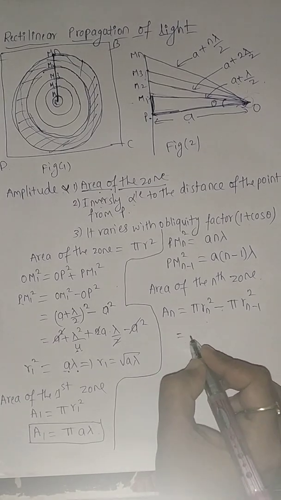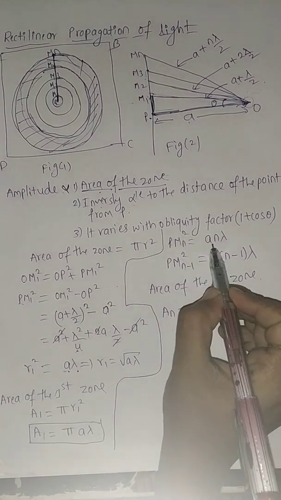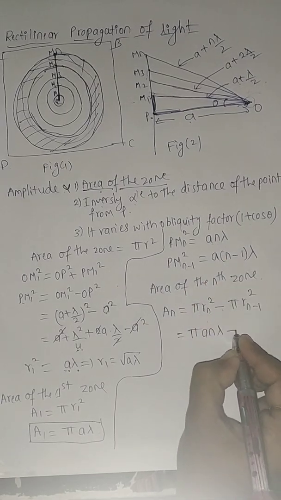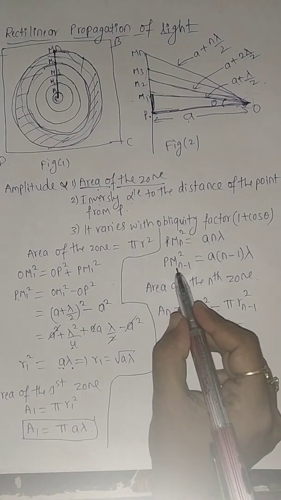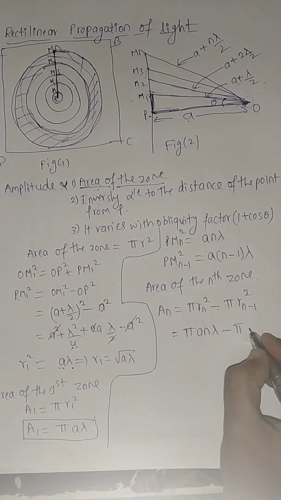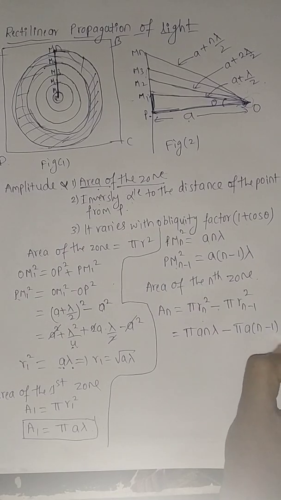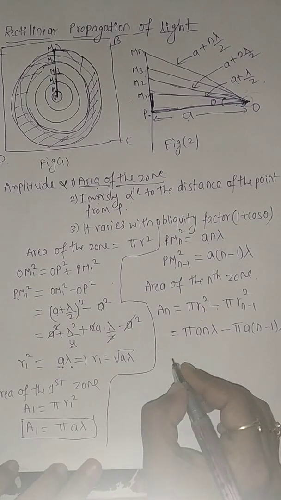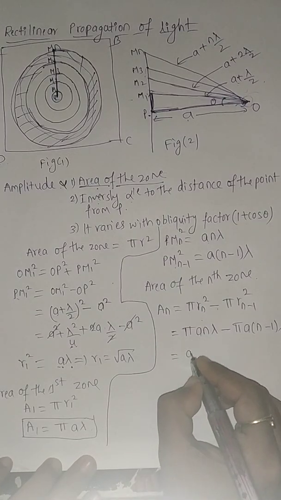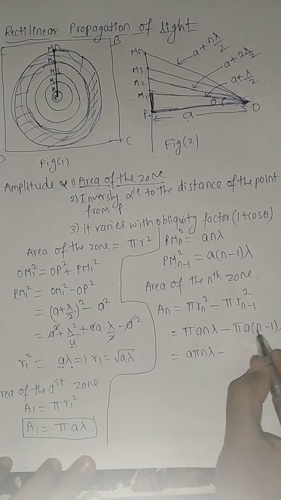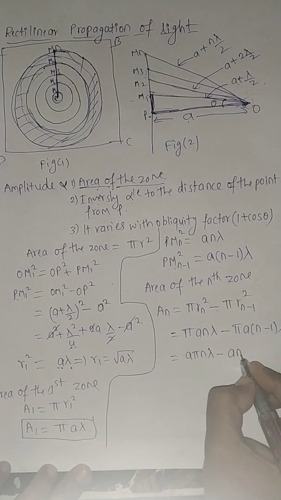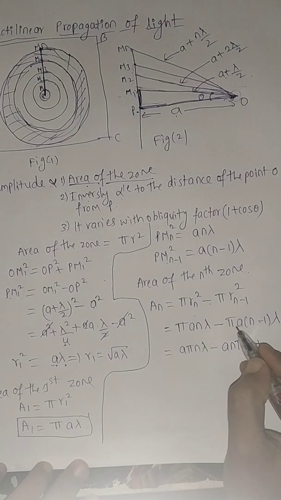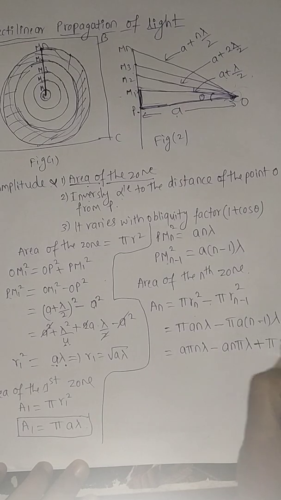Substitute the value. We already know the rn square value: a n lambda, minus pi times the r(n minus 1) square value, a into the bracket (n minus 1) lambda. Simplify this. We get pi a n lambda minus, multiplying with the bracket, a n pi lambda, and minus times minus gives plus pi a lambda.